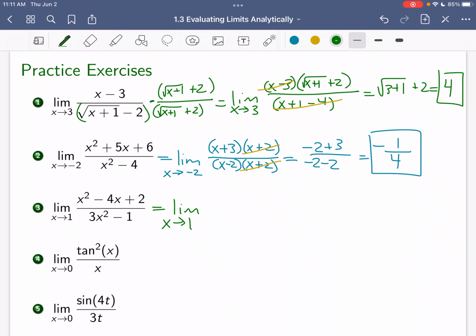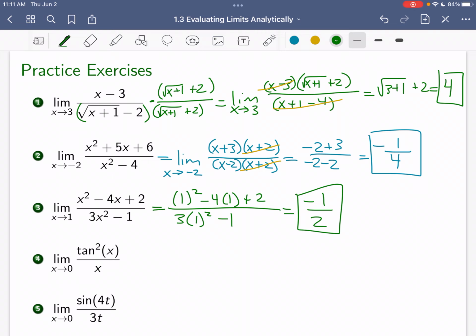If we substitute in directly, we have 1 squared minus 4 times 1 plus 2 over 3 times 1 squared minus 1. So we have 1 minus 4 plus 2, negative 1, over 2, or negative 1/2. Perfect.